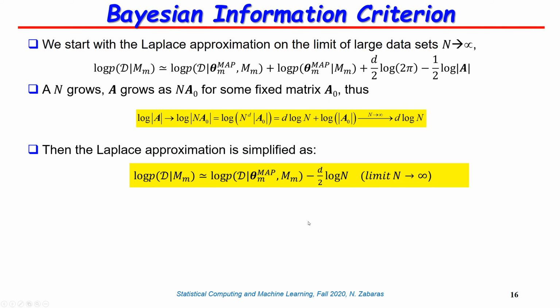So if you cannot compute exactly the marginal likelihood, you can use this so-called Bayesian information criterion that you see here. This Bayesian information criterion approximates the log of the marginal likelihood as the log of the likelihood evaluated at theta MAP minus d over 2 log n. And now you can see again this interplay between maximizing the likelihood and minimizing the complexity of the model, which has to do with how many effective parameters you have.